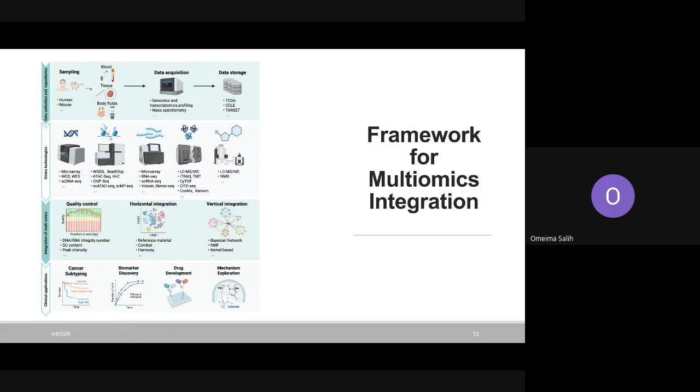While vertical, you are using the different types of omics and integrating the data from the different types of omics vertically. That means, for example, genomics, proteomics, and metabolomics.